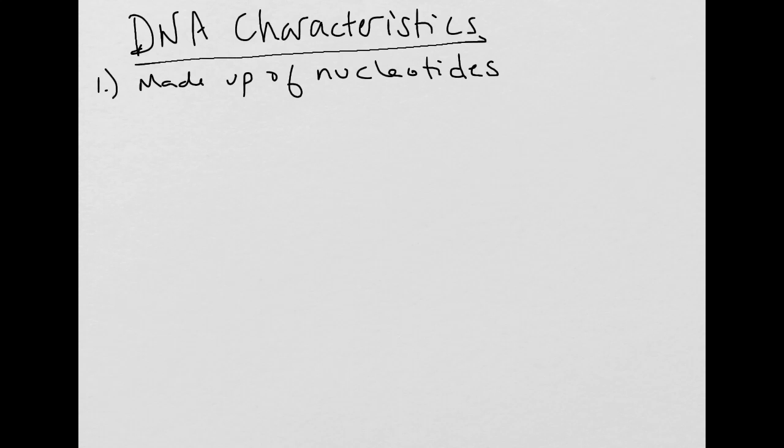So within a DNA molecule is where you will find genes. So genes, that which codes for all the characteristics that you see in a person, is found on DNA. So a gene is a segment of DNA. And as I have said before, our genes are an expression of our proteins.